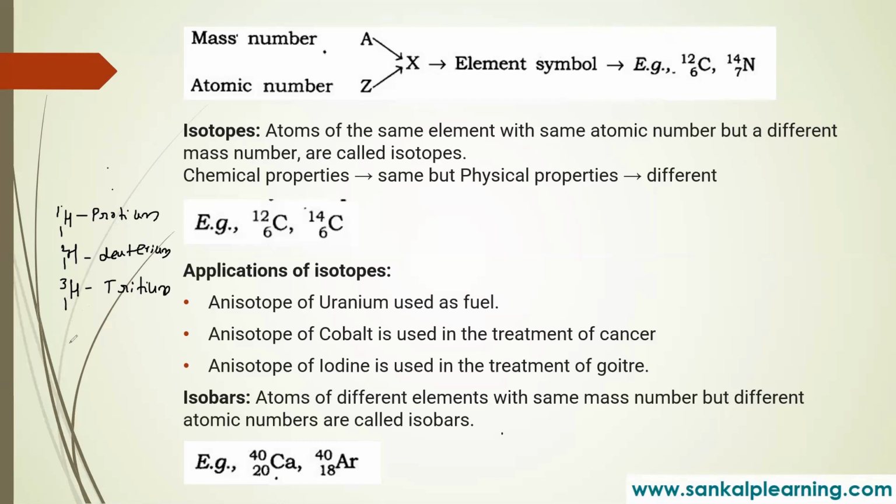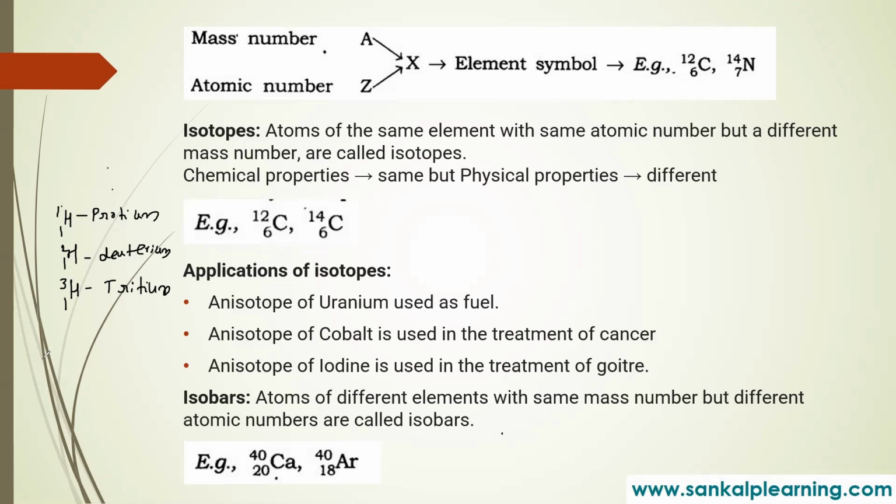Correct? Not only hydrogen, we have other elements like carbon and chlorine also. They also have the same atomic number but different mass numbers. Such elements or substances are called isotopes.